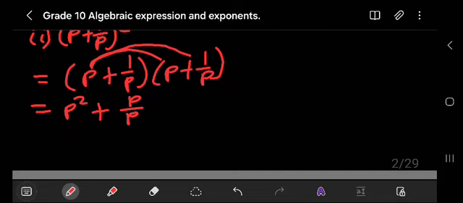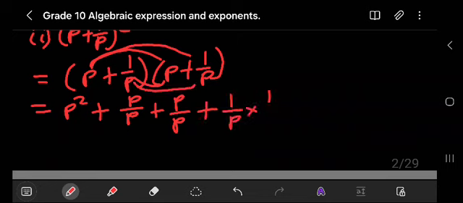You come, you multiply here, will be plus p over p. You come, you multiply those, this and that will be plus again 1 over p multiplied by 1 over p.